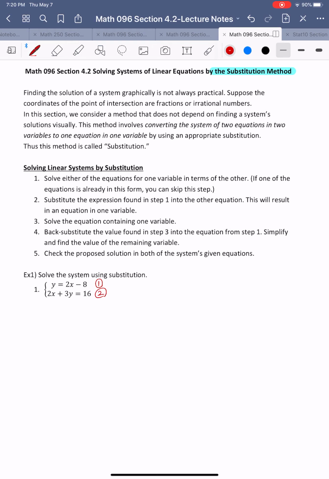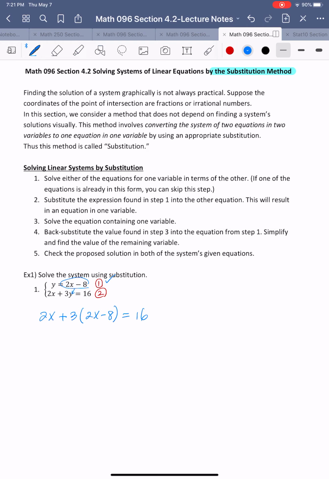Is either of the equations solved for x or y? Yes, the equation is already solved for y. So in equation 3, you get 2x plus 3y, but instead of the y, you can use 2x minus 8. You see it?